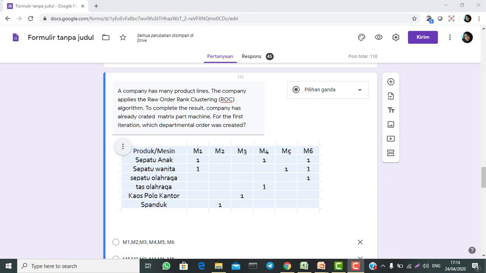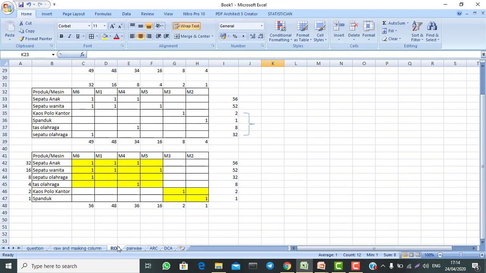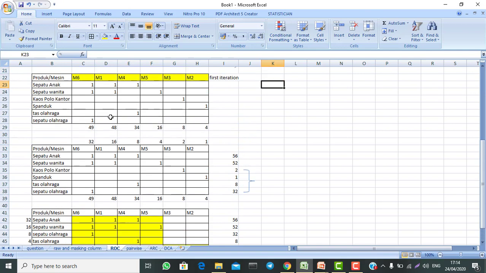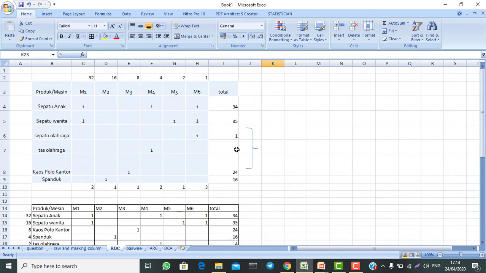So in this case, we use rank order clustering, or ROC, and still the same part machine matrix. Let's calculate by using the ROC. You may find some difficulties because the rules themselves are quite complex, but if you learn further, you can memorize the steps and also the rules.